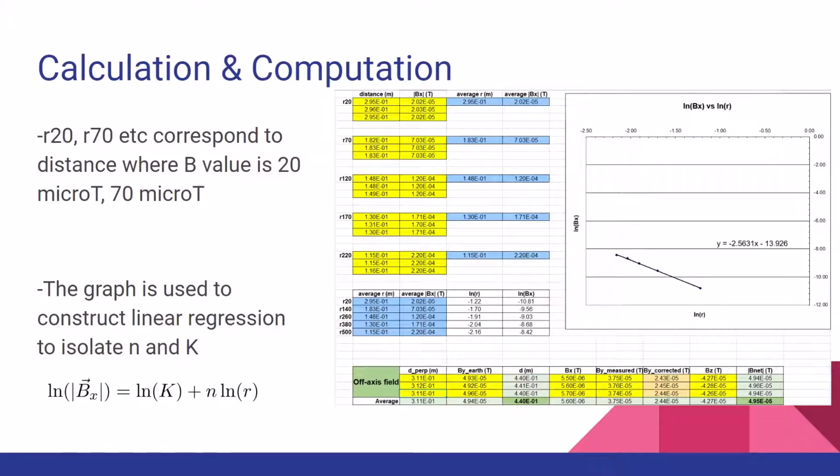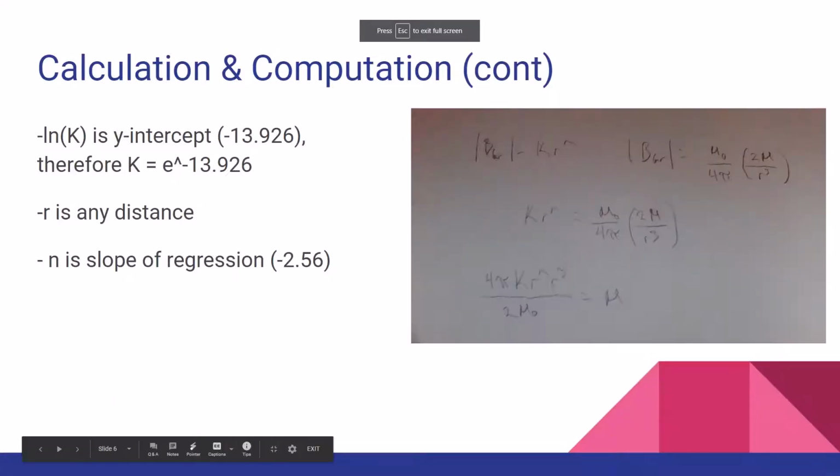R20, R70, etc. correspond to the distance where the B value is 20 microteslas or 70 microteslas, etc. The natural log of k can be translated from the y-intercept, and it gives a value for k that we can use in this equation, which is the B value equals k times r to the n. N in this case is the slope of the regression, which was negative 2.56.